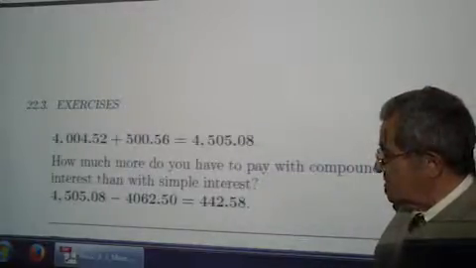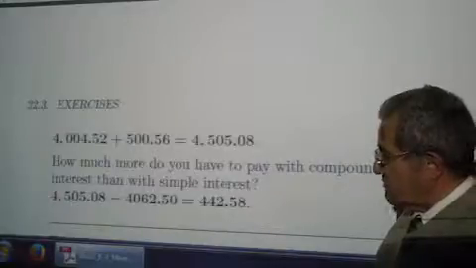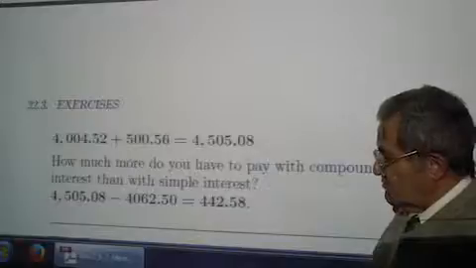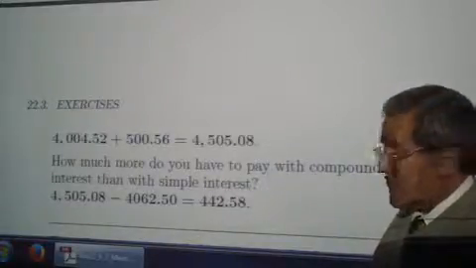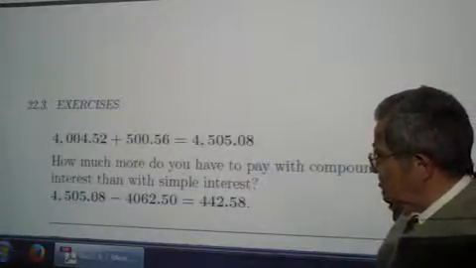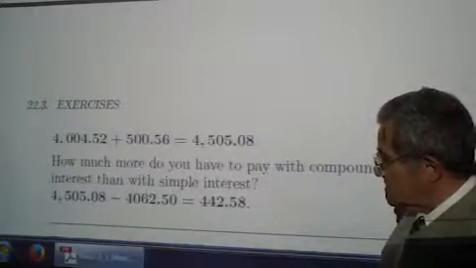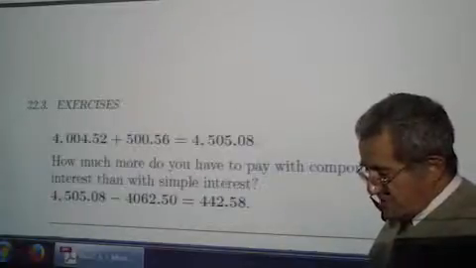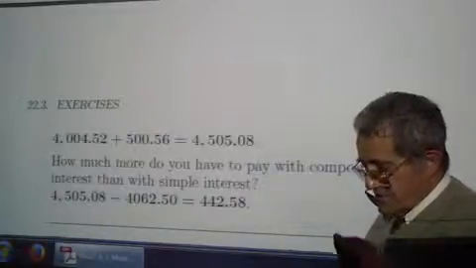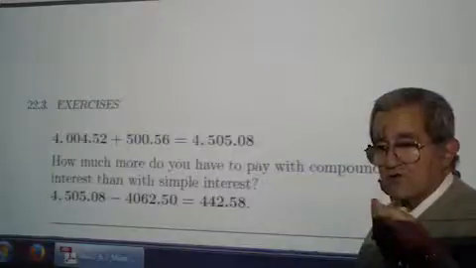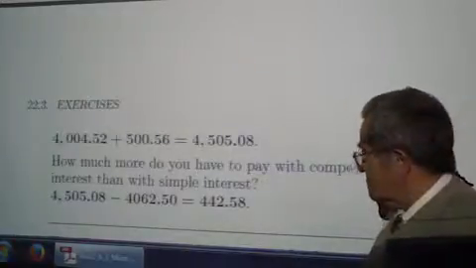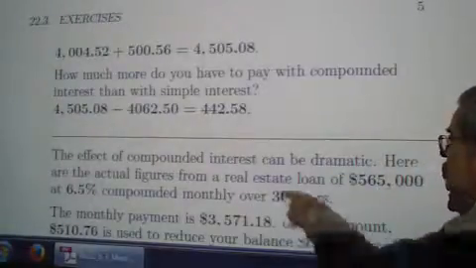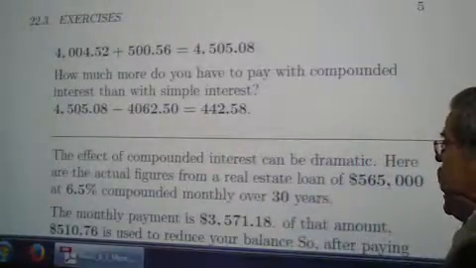You will learn that somewhere later in probably intermediate algebra, definitely in calculus. There's a formula for it. That's continuous compounding. You compound bang, bang, bang, bang. The effect of compounding interest is dramatic.